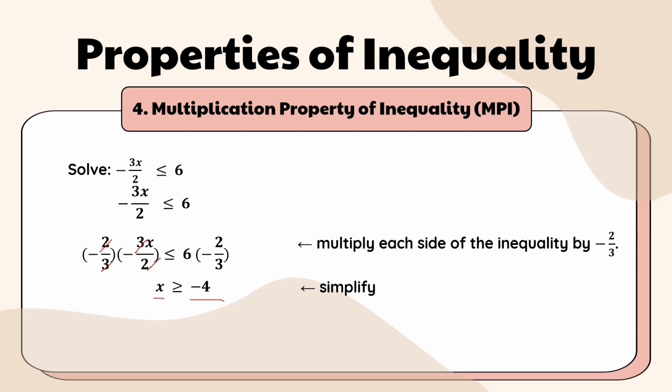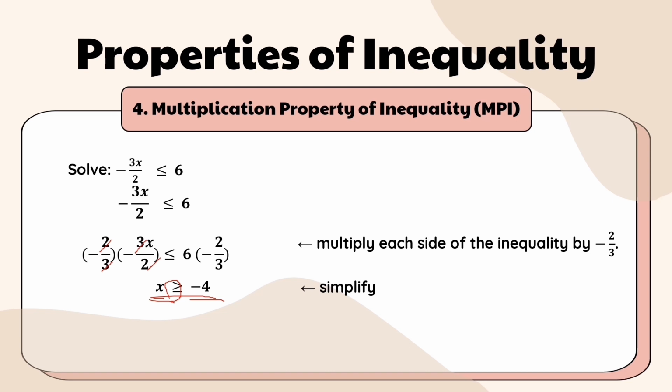So, as you can see, when multiplying by a negative number, we must reverse the inequality. It's like what I have said earlier. We must reverse the inequality. It will be x is greater than or equal to negative 4.